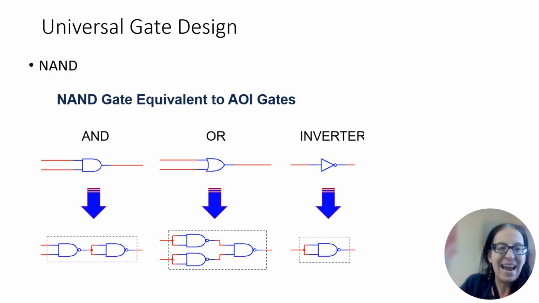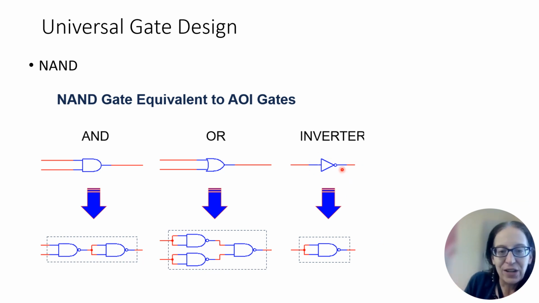So we can go through how this works. Let's start with the inverter. An inverter just changes a high to a low or a low to a high.